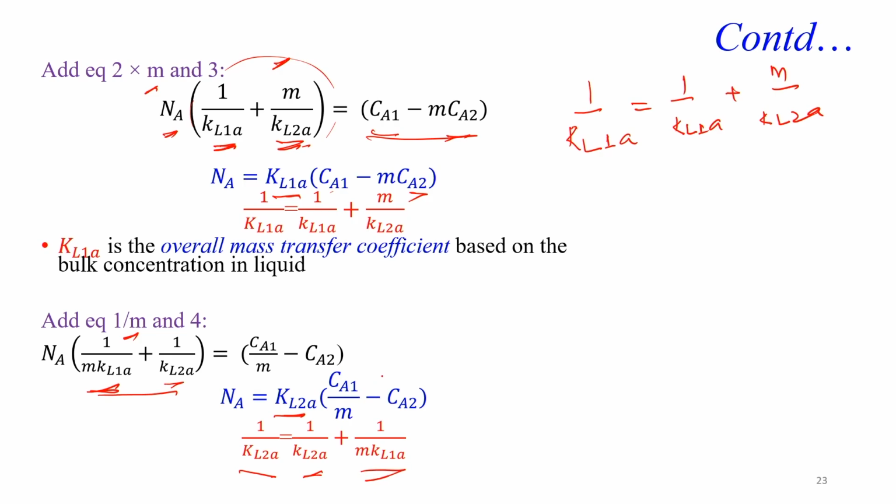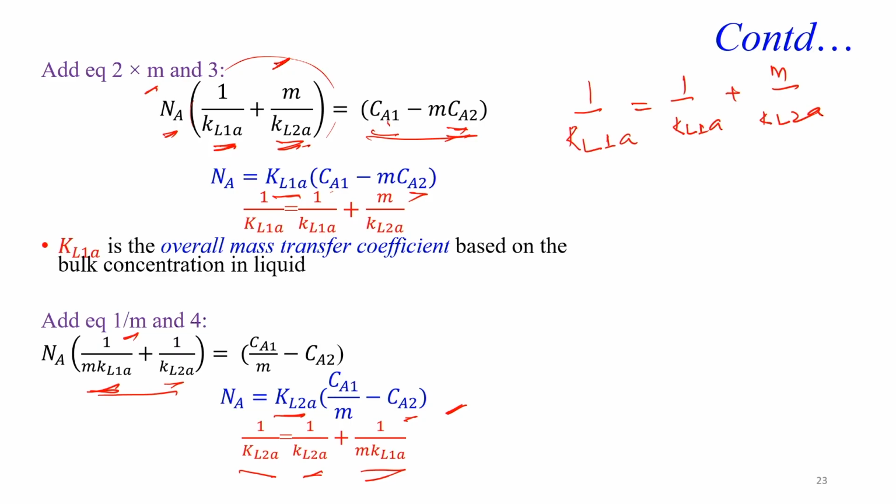The driving force, which was Ca1 minus m into Ca2, will now be Ca1 divided by m minus Ca2. In this way we get the mass transfer in terms of the overall mass transfer coefficient.